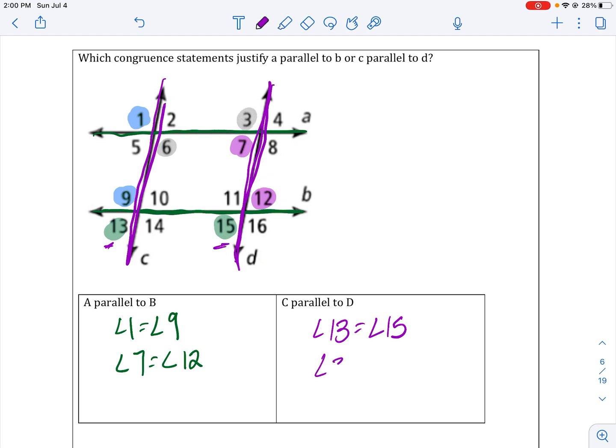So if angle 3 equals angle 6, see how 6 and 3 touch C and D? And they are alternate interior, where line A is our transversal. If those are equal, those are alternate interior angles. That is what proves that line C is parallel to line D. I would like you to come up with your own statement that proves C is parallel to D.